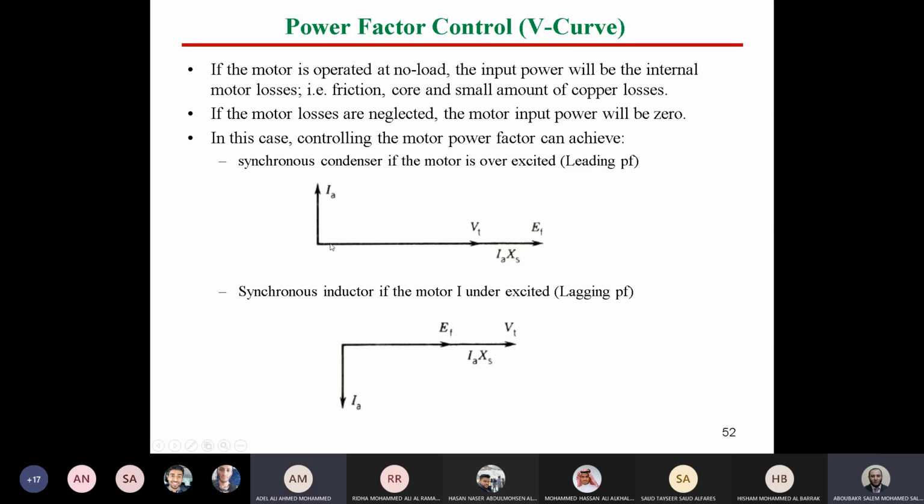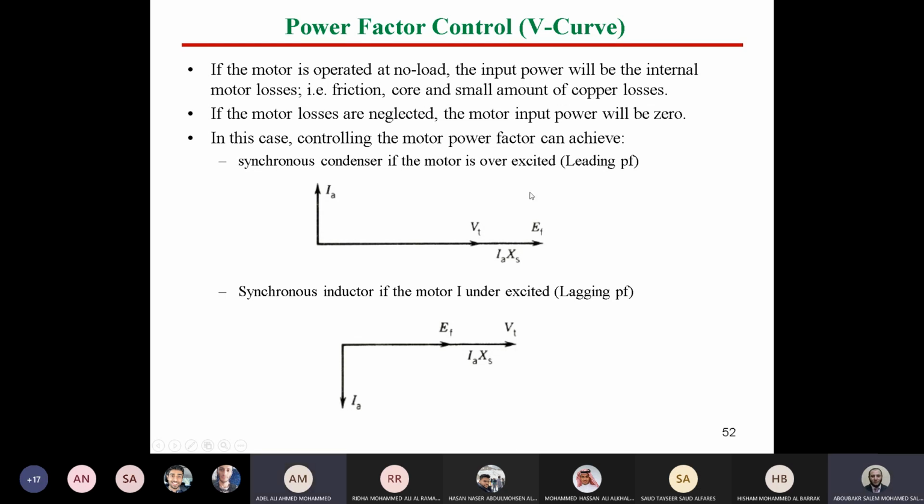But increasing or decreasing the field will affect the current to be lagging or leading. At a certain value of increasing, you will get a leading current by around 90 degrees, or 90 degrees ideally. If you decrease the excitation, the opposite will happen. It will be lagging by 90 degrees and it will act like an inductor.